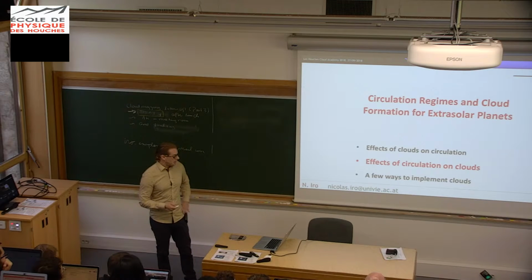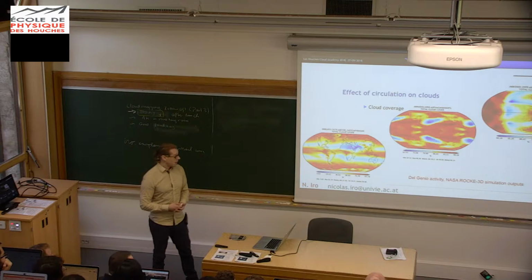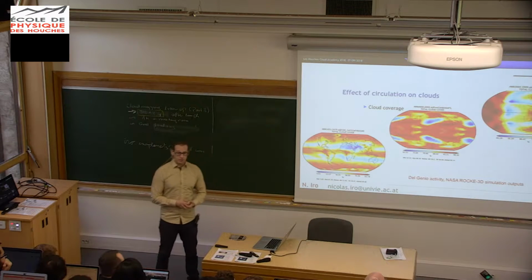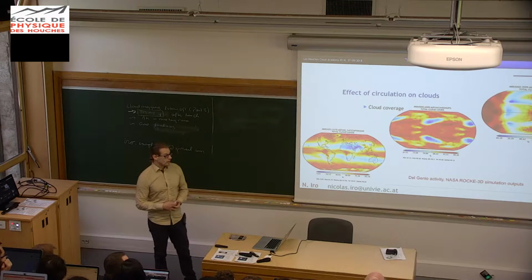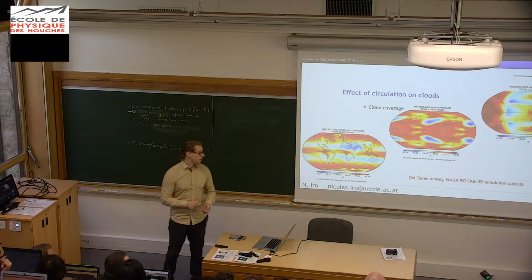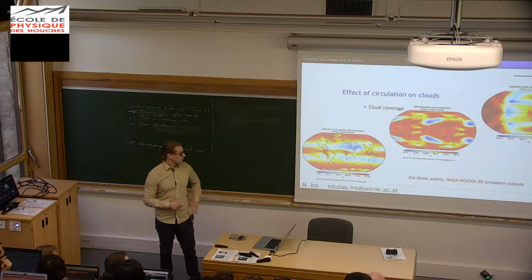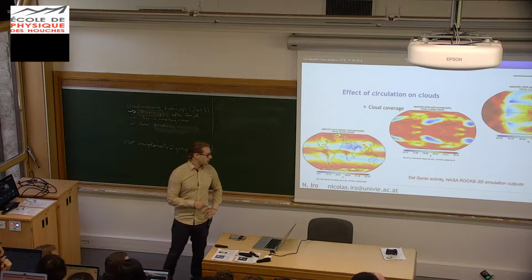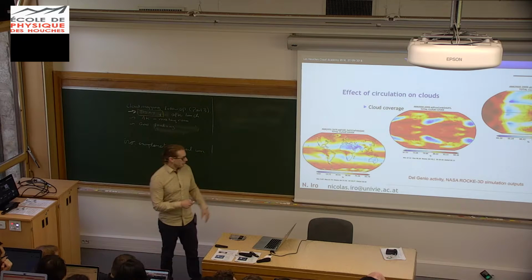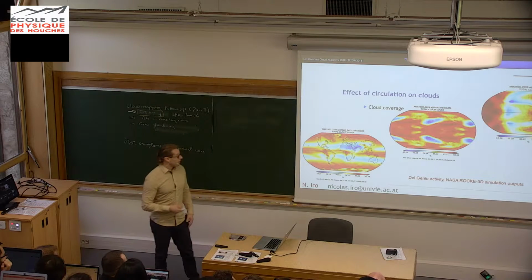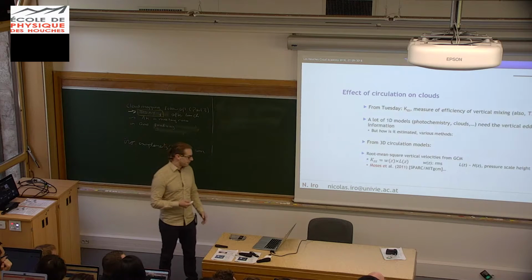Let's talk quickly about the effect of circulation on clouds. Obviously, the cloud coverage is really correlated to the circulation. I took this cloud coverage plot from Tony's website, the models he provided for our activity, the ROCKE-3D simulation clouds, and it's obvious that the clouds are correlated to the circulation.